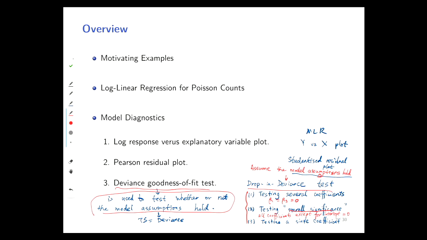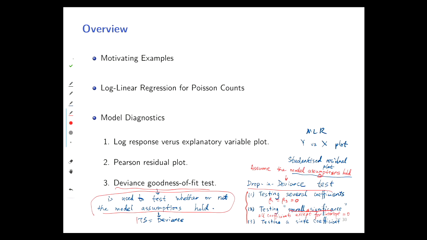In the previous lecture, the student asked about what's the difference between the deviance goodness of fit test and testing of overall significance. Basically, they are totally different. Any more questions about the difference between the deviance goodness of fit test and the dropping deviance test? If you see the difference, the way to compute the test statistic is also different.